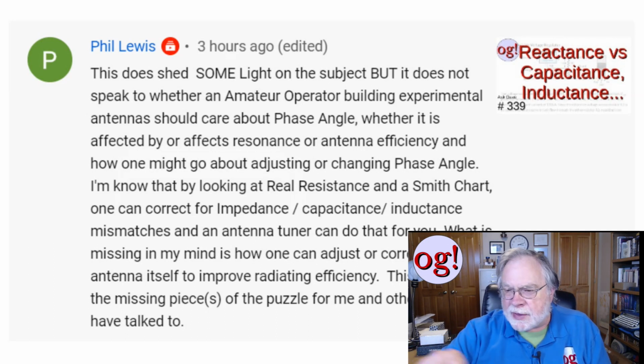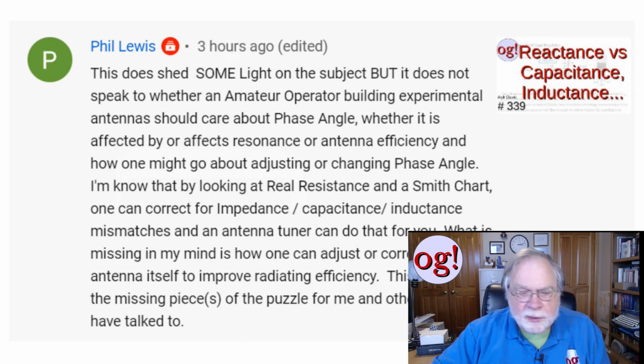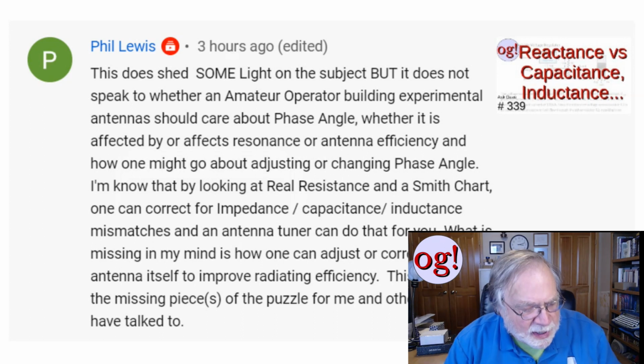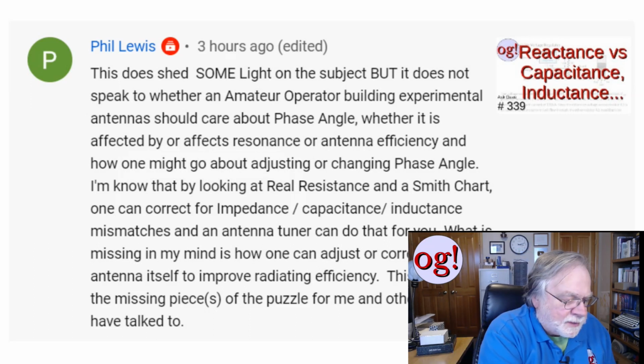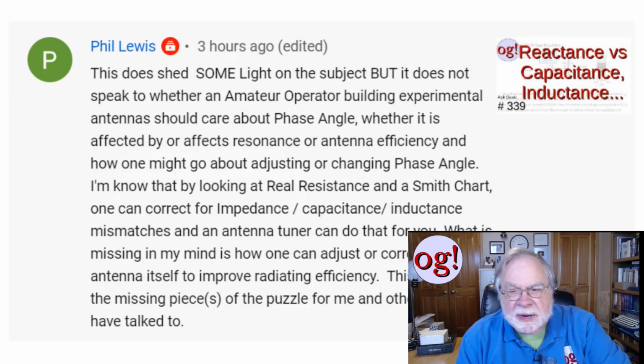And where that dot is on the Smith chart will vary with frequency. And even across one band, you can get quite a little sweep across there. And if you pick like the middle of the band, the Smith chart can tell you how much capacitance and or impedance to add to get it down to a 1-to-1.